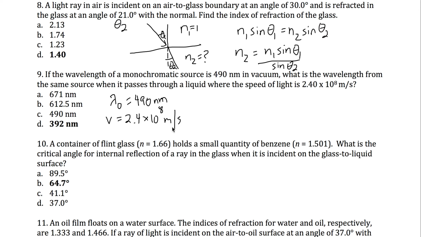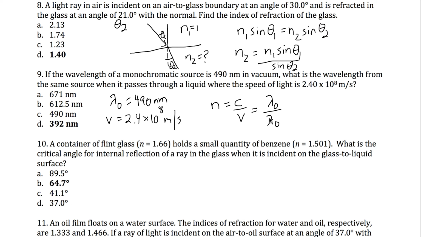What's happening here is that our light source was slowed down. It's not going as fast as the speed of light. That means it was going through this liquid which had some kind of index of refraction not equal to 1. We know that the index of refraction is c over v. We could solve for it if we wanted to, but we also know that this index of refraction tells us about how the wavelength of light changes as it goes through that medium.